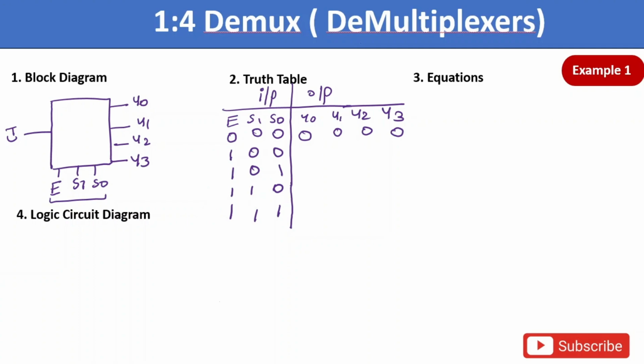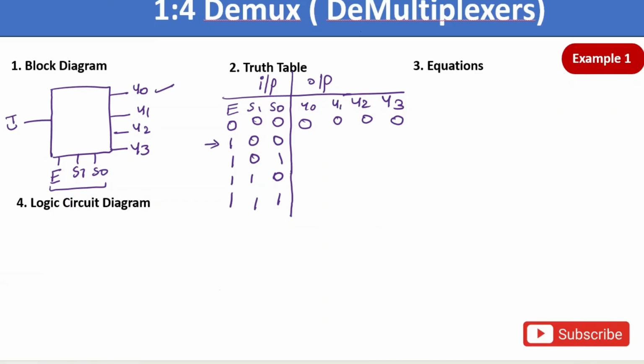For the first condition, the output will come through Y0. So I will write I there and 0 for all the others. Next, for the second condition, let us consider I will come out through Y1. So I will be written at Y1 and all others will get the value 0. Next for Y2, next for Y3.